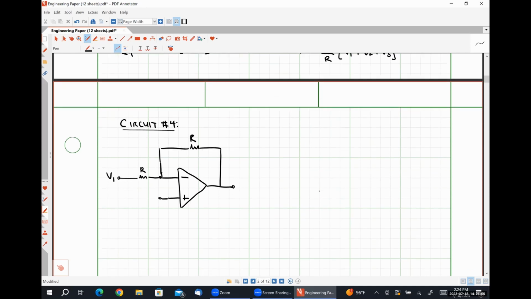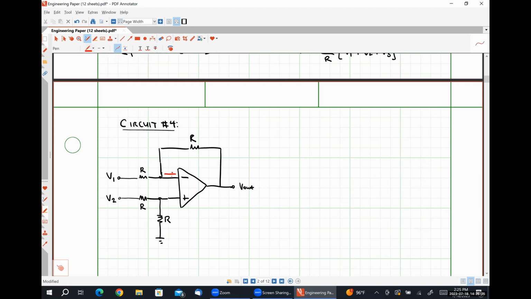And then over here on the non-inverting side of the circuit, we are going to place a third resistor R between the non-inverting input terminal and ground. We're going to have a fourth resistor R connected to the non-inverting input terminal, and we're going to put our input voltage V2 on the left leg of that last resistor R. And finally, we're going to measure our output voltage directly at the output pin of the op-amp.